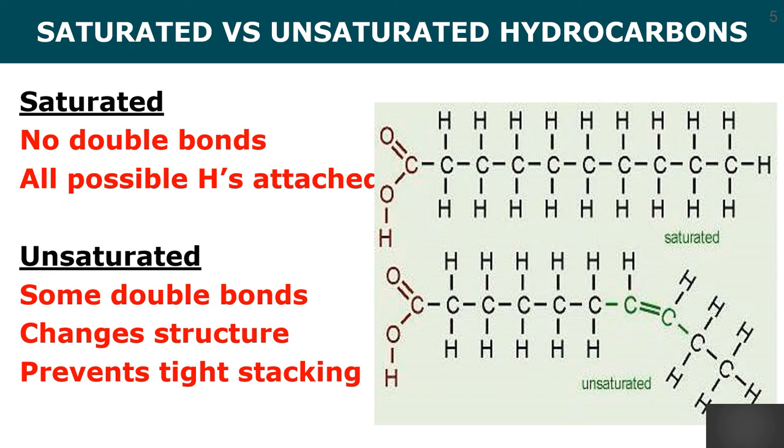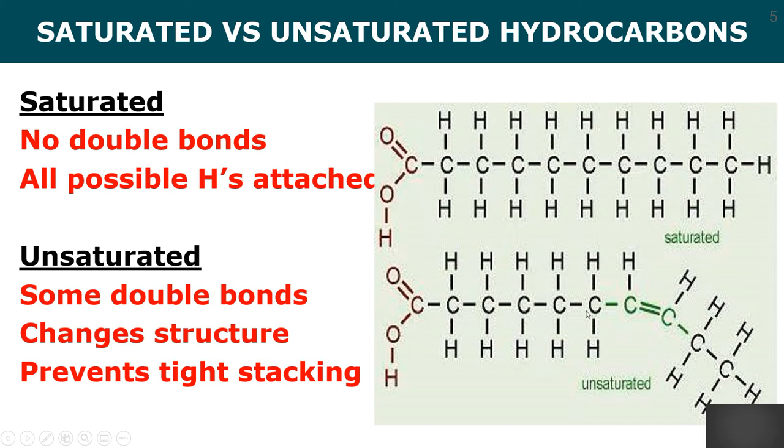To go back to saturated versus unsaturated hydrocarbons: these are the two fatty acids, and again, it's mainly a long chain of carbon. When it's saturated, it does not have any double bonds between any of the carbons. All possible hydrogens are attached. That's what it means to be saturated, because it is saturated with hydrogens.